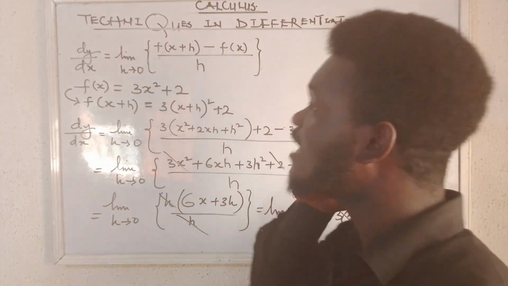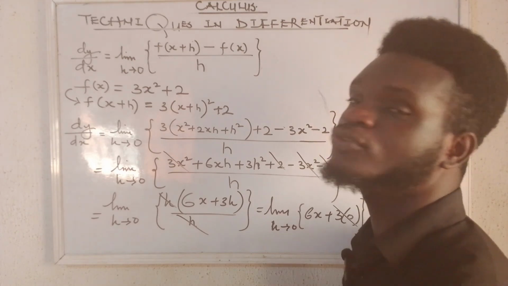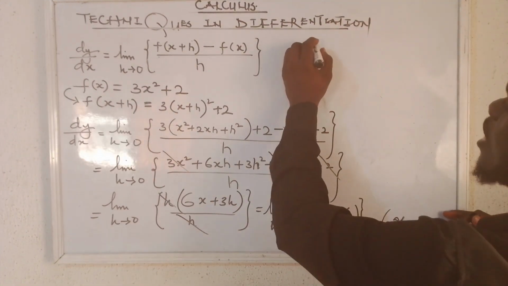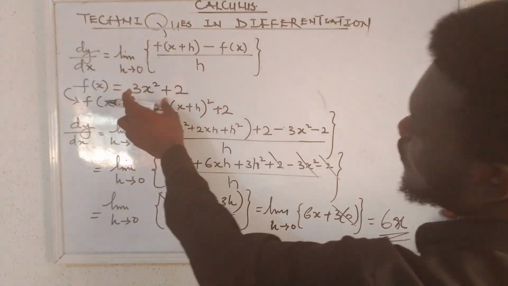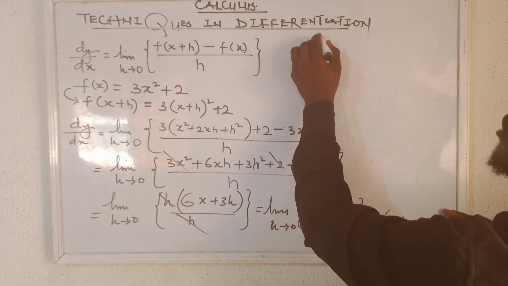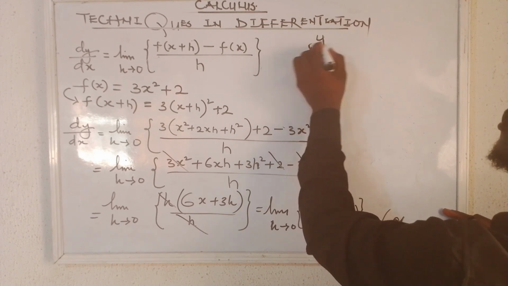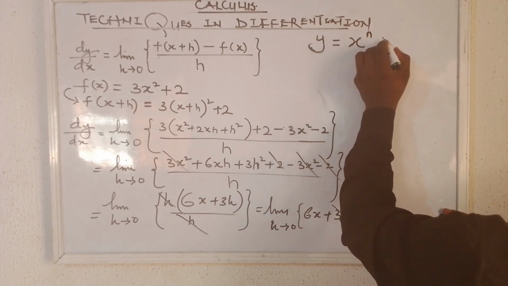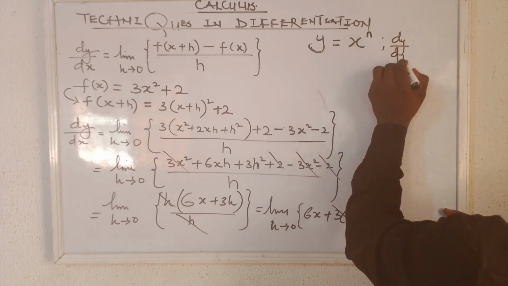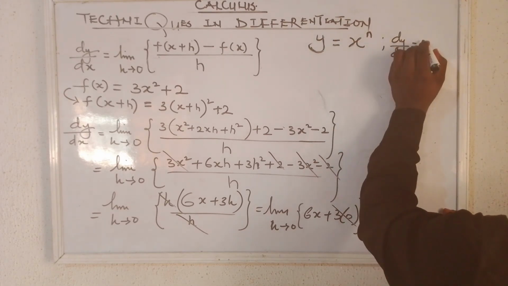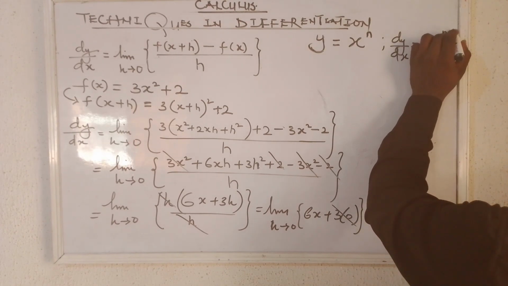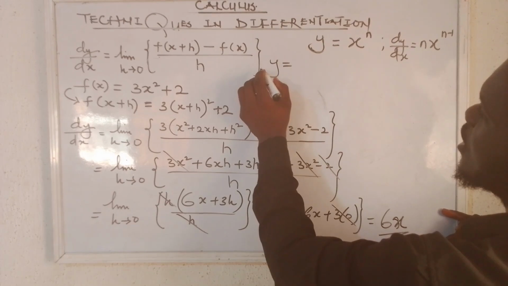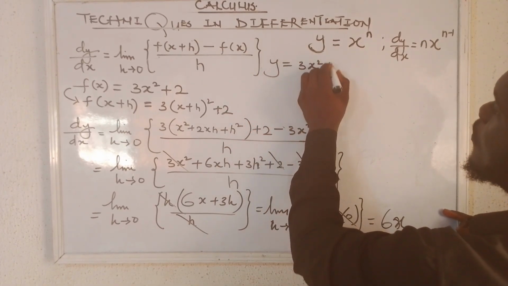But like I said, there are techniques in differentiation. If you are given a function like this and told to find its derivative, there is something you need to know. Whenever y equals x to the power of n, then dy/dx must equal n x to the power of n minus 1, where the n comes forward. Let's do this for y equals 3x squared plus 2.